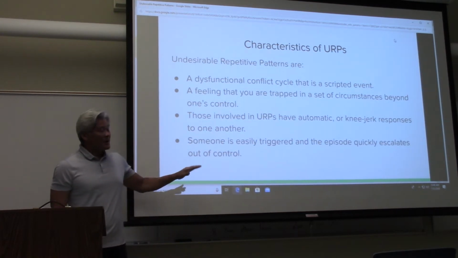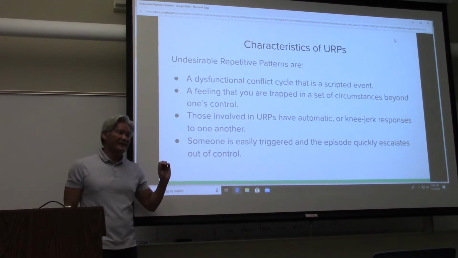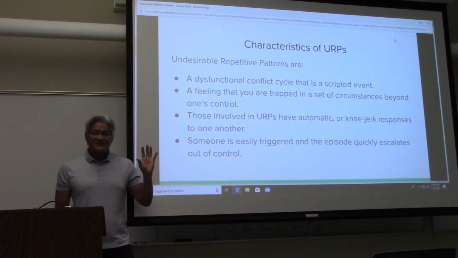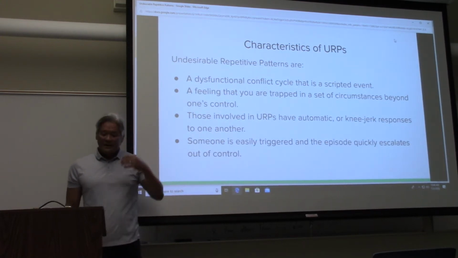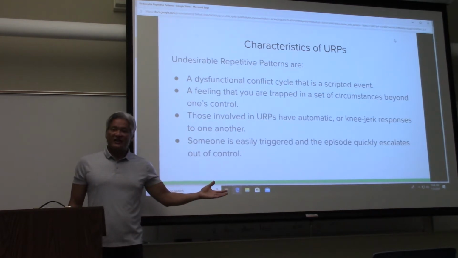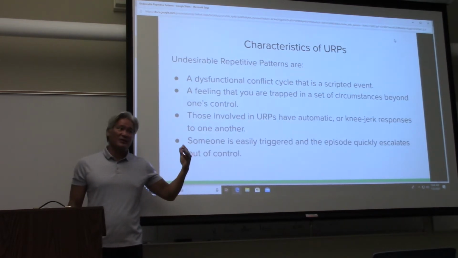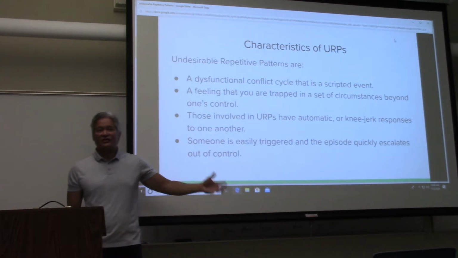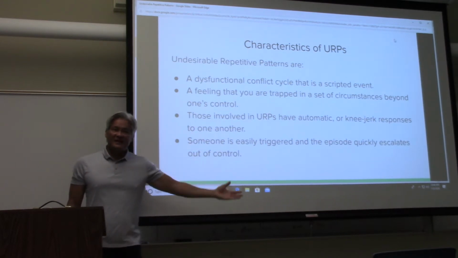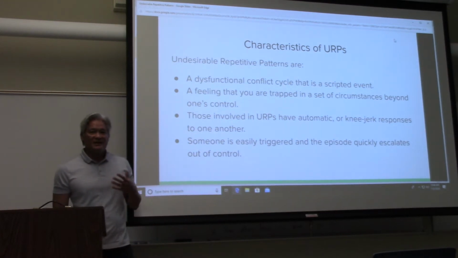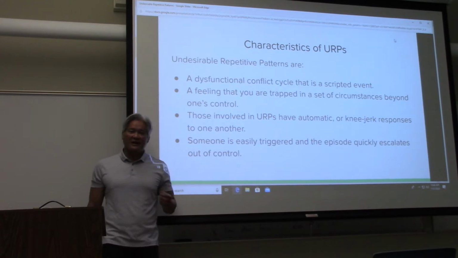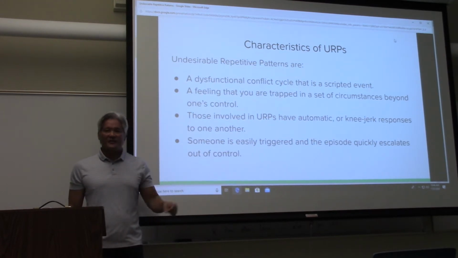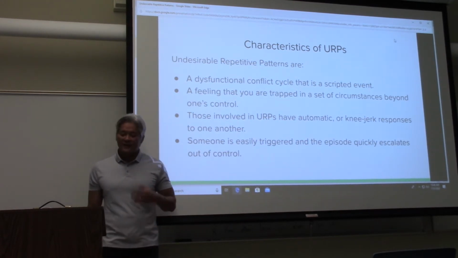So URPs, just a couple of examples I've had over the years. Students have talked about how their significant other is jealous and they keep having the "I really don't want you to talk to that person" argument, or "I saw you on social media with so-and-so, what's going on there?" And it seems like that argument happens over and over and over.